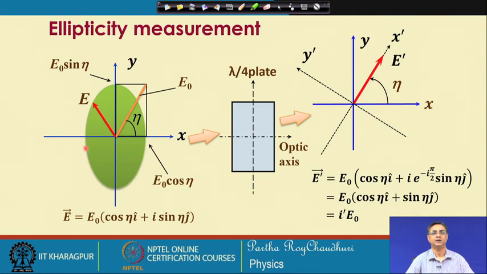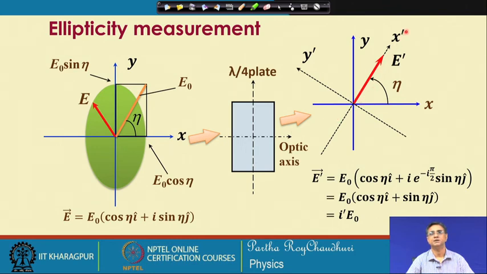Now, for the ellipticity measurement, in this setup you have the electric field E 0 of the elliptically polarized light, which can be decomposed into E 0 sin eta and E 0 cosine eta components. This goes through a quarter wave plate, and the resulting light can again be decomposed.